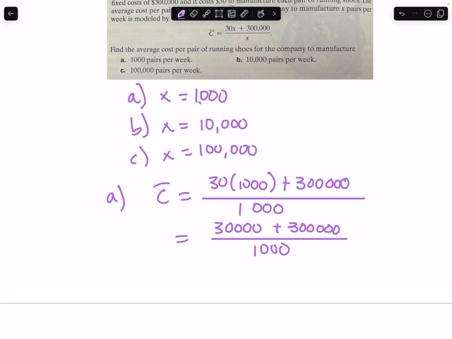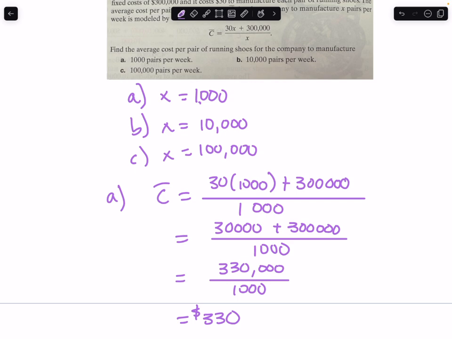Well, that's 330,000 divided by 1,000. And 330,000 divided by 1,000 gives us 330. So in part A, the average cost per pair of running shoes when the company makes 1,000 pairs a week, given the fixed cost and this model, is $330 per pair.